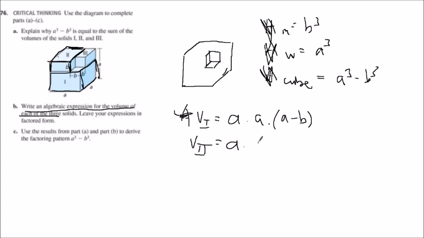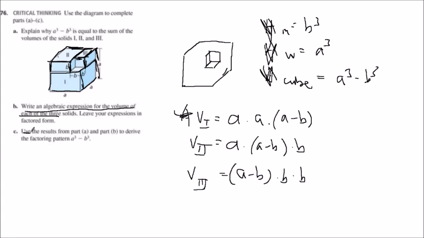So we'll have a times a minus b times b. And for the volume of solid 3, we have this as b long, this as b long, and then this as a missing b, so it'll be a minus b again. So a minus b times the two b longs.